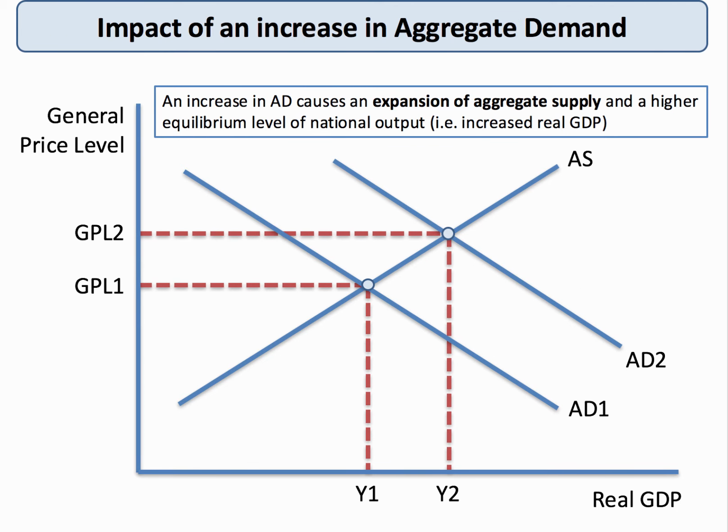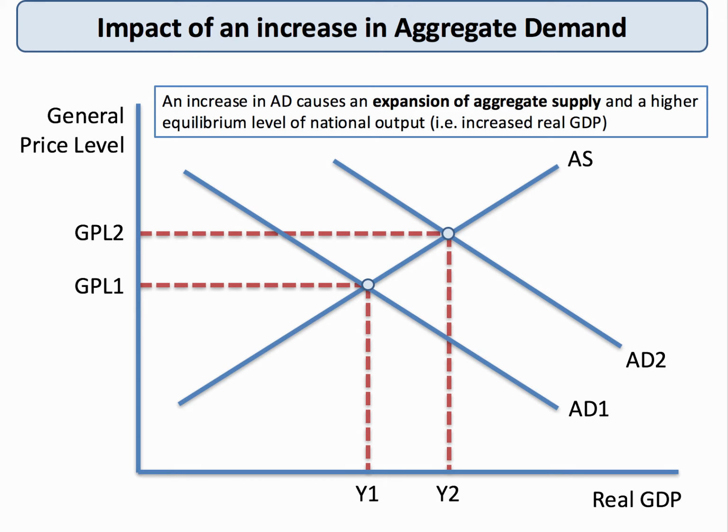Here's an example of how aggregate demand shifts out from AD1 to AD2. It's important to get the explanations correct and precise, so an outward shift of AD will lead to an expansion along the aggregate supply curve in the short run, and that's going to lead to a higher equilibrium level of national output.